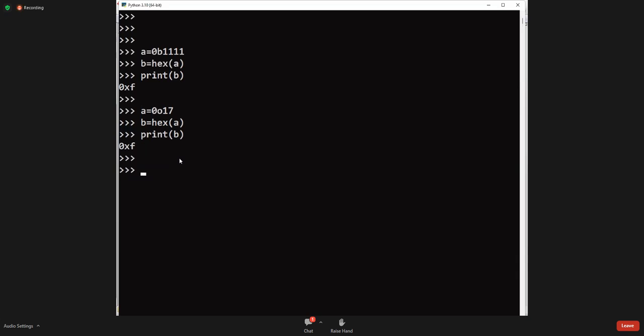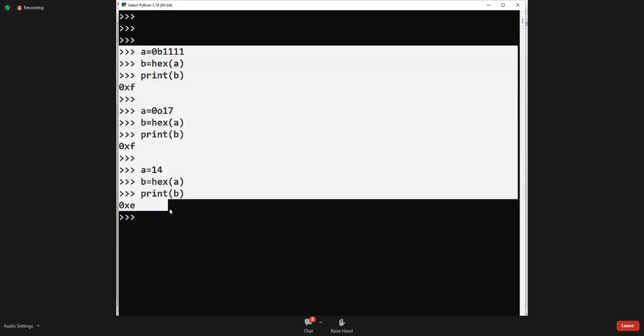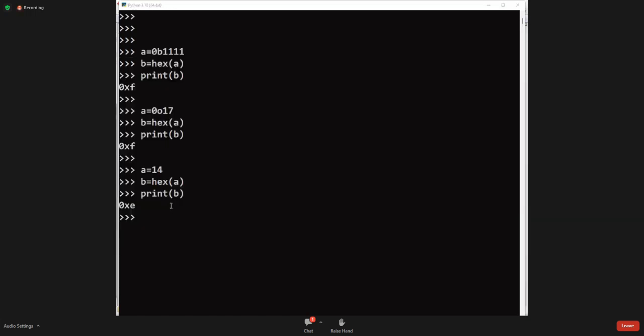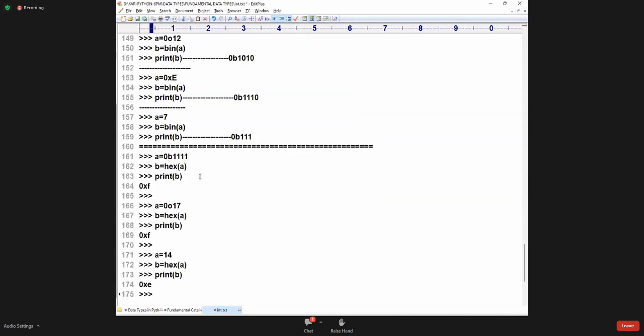Getting? Next I am writing A is equal to some 14, I am saying decimal. Hexa of A, print of B. What is that? E printed. These are all different types of conversions. I hope there is no more confusion. I hope you got it.